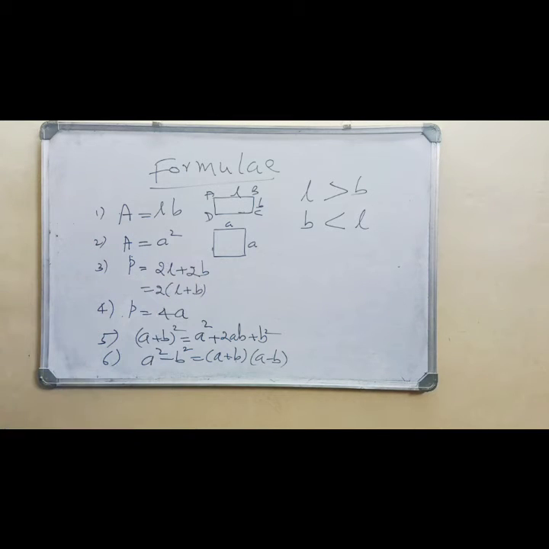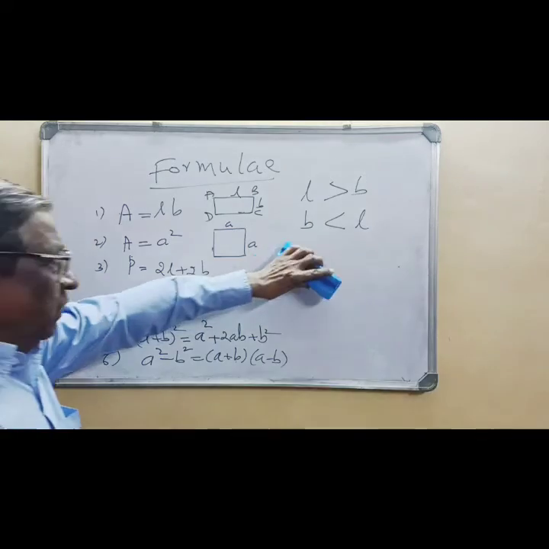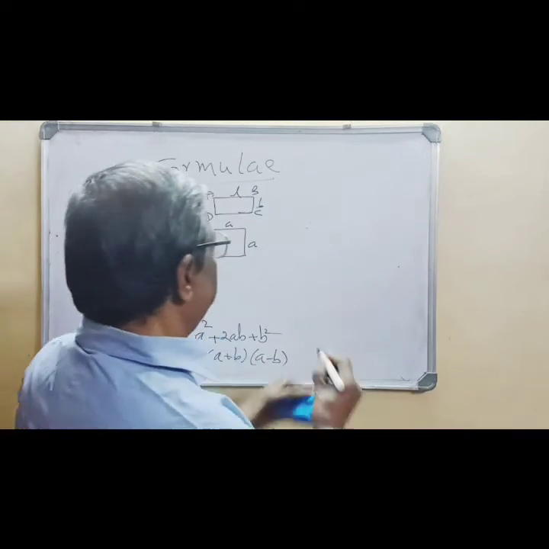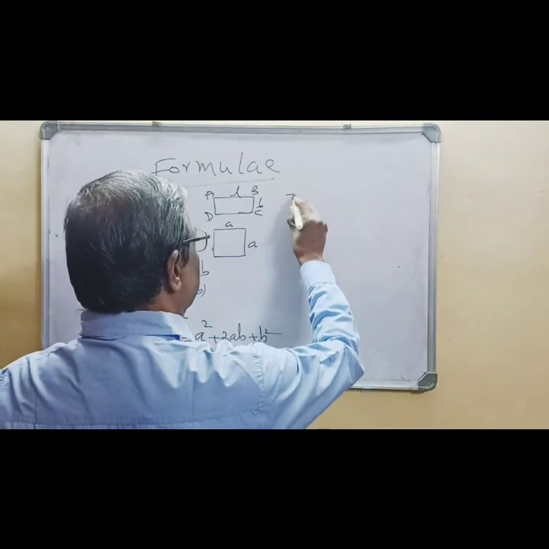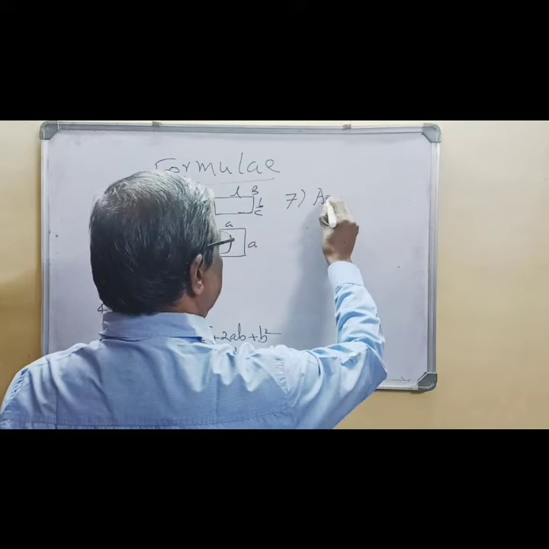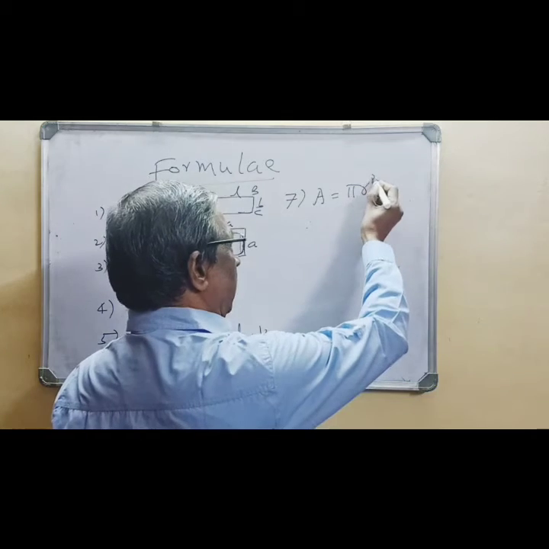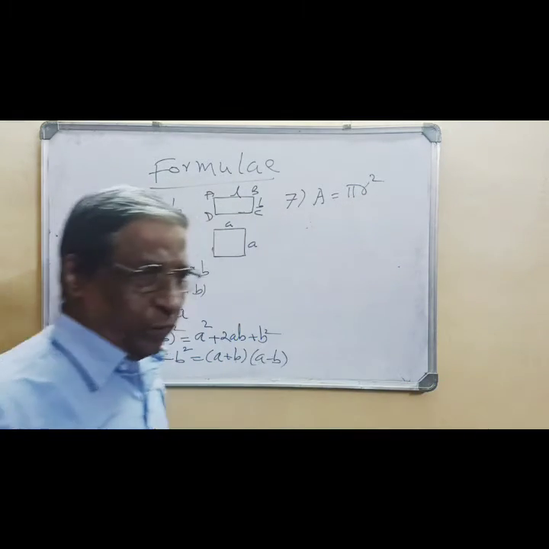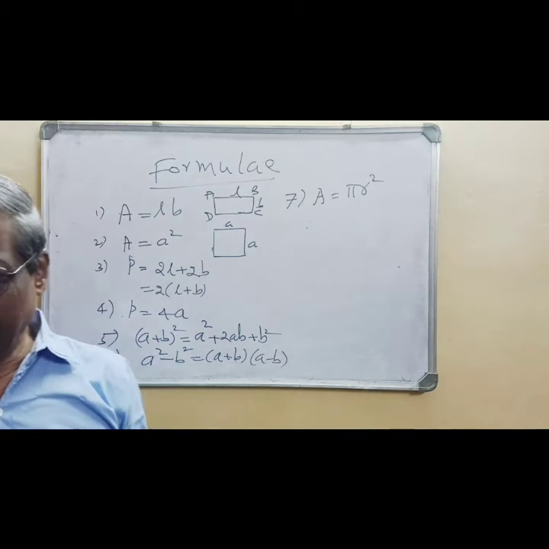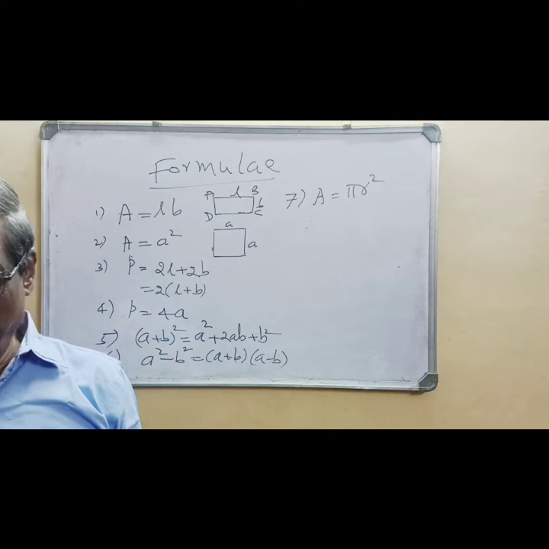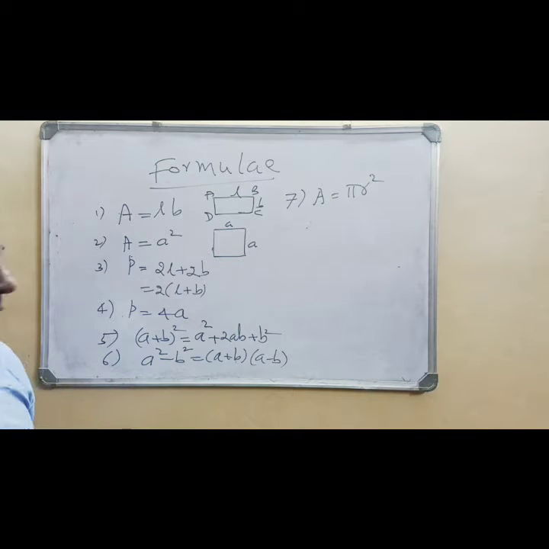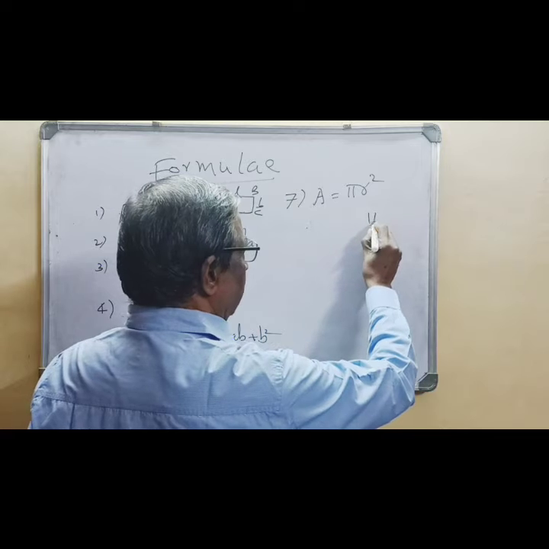These are the formulae. In case of a circle also, you can find the area of the circle, which is equal to pi r square, where pi is roughly taken as 22 by 7, but scientifically it is 3.1416.